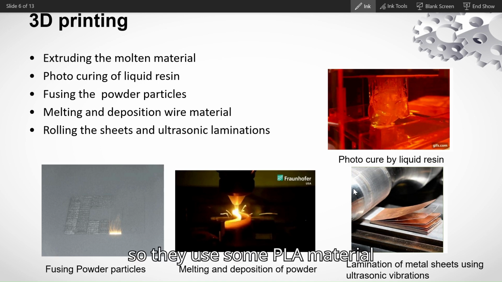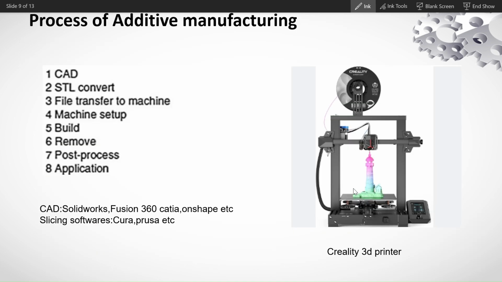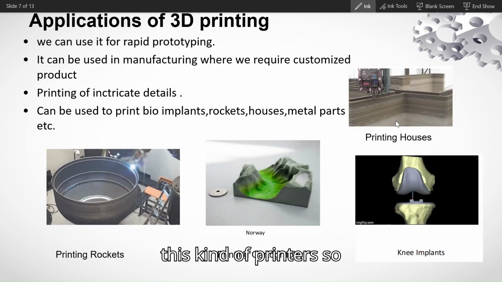They use materials like PLA, polylactic acid, ABS and PETG. They heat the material up and extrude it through nozzles. You might have heard of Creality printers; you might have seen this kind of printers.